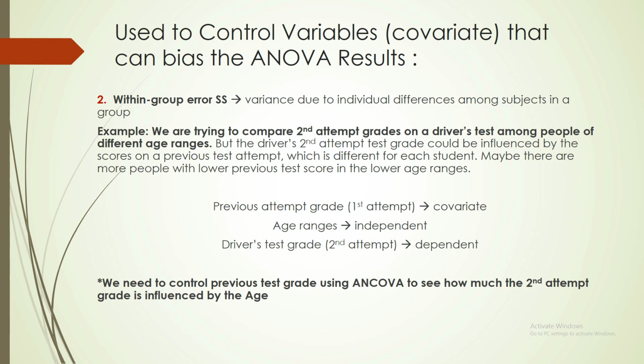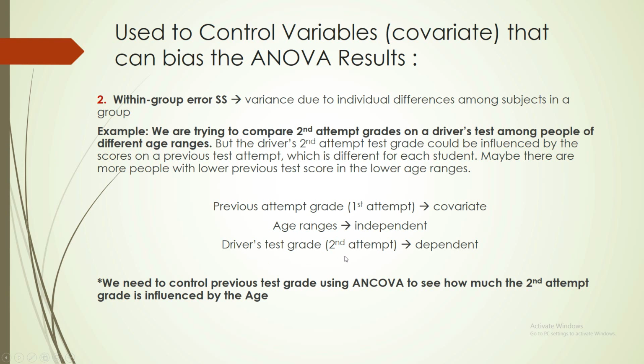And let's say that we have a situation where we have the variable for the people who did their first attempt but failed. This is our covariate. And we have a variable that's categorical, which is people of different age ranges.